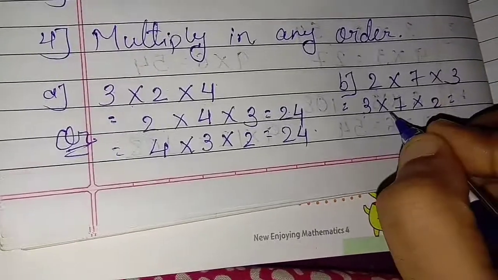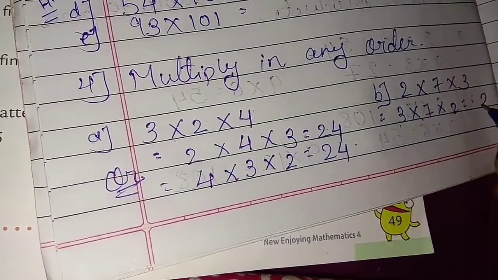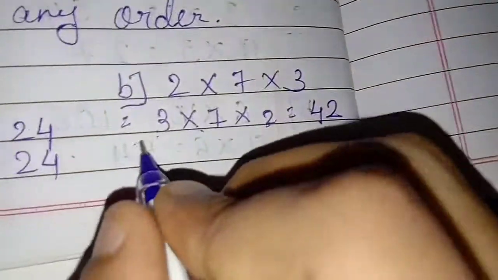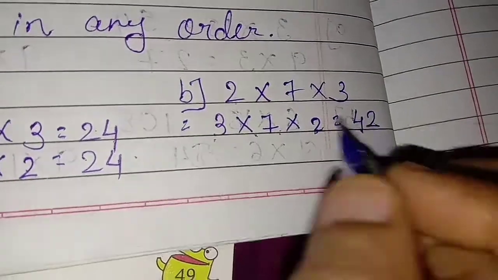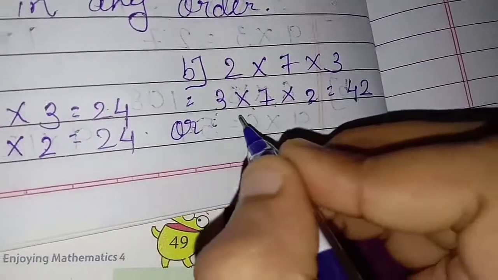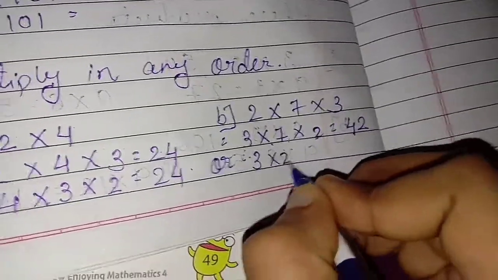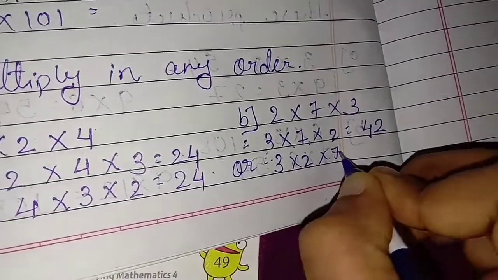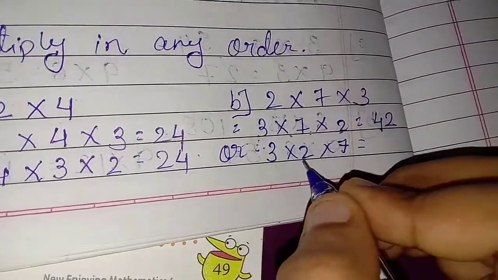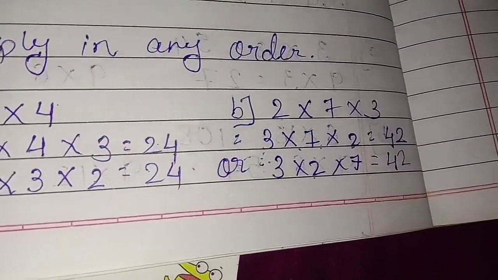So 3 7s are 21 and 21 2s are 42. Or you can take 3 first, then 2, and then 7. In any order you can take these numbers. 3 2s are 6 and 6 7s are 42. Answers are the same.